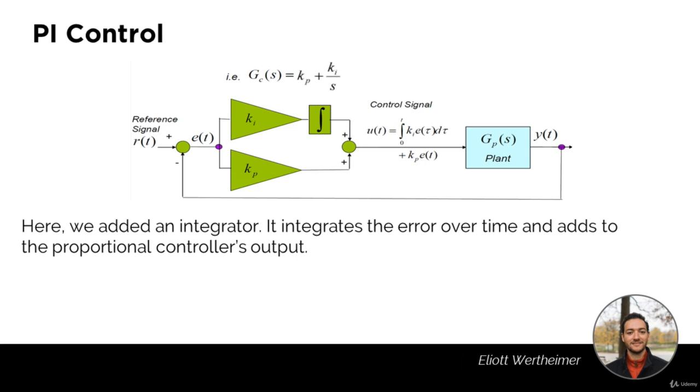So here all we did is add an integrator. The integrator integrates the error over time and adds to the proportional controller's output. Essentially, all this does is divide the error multiplied by the gain by s.